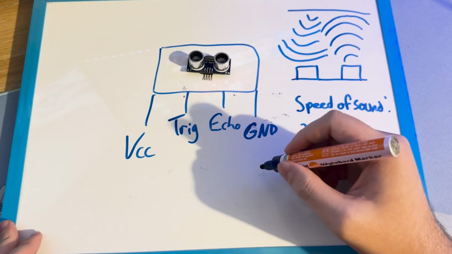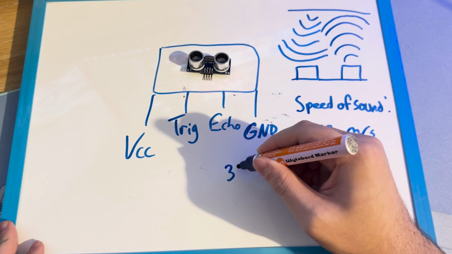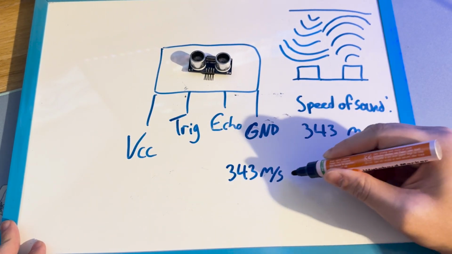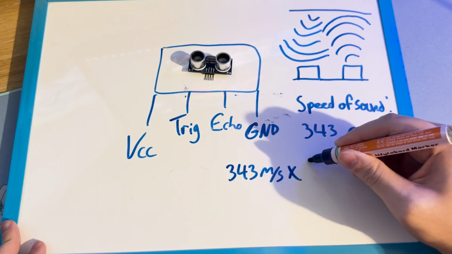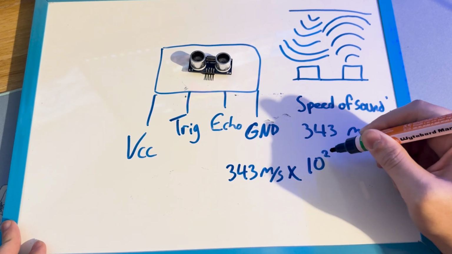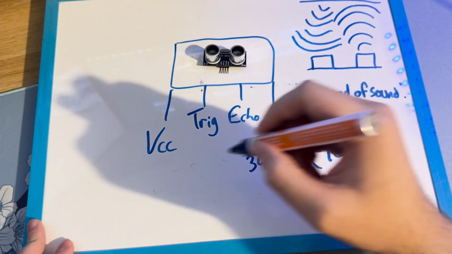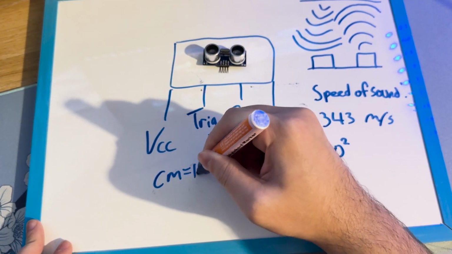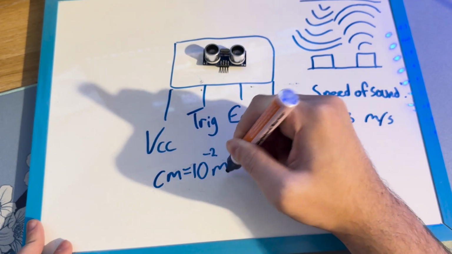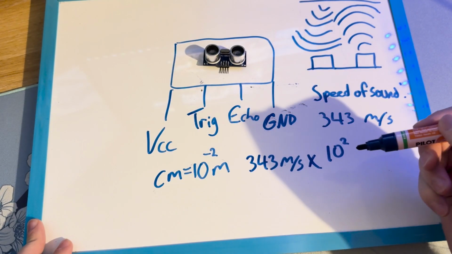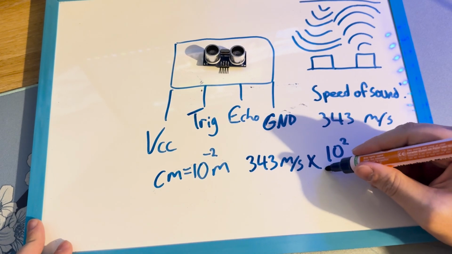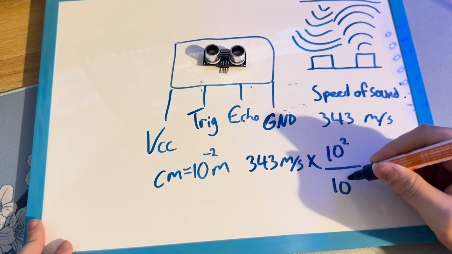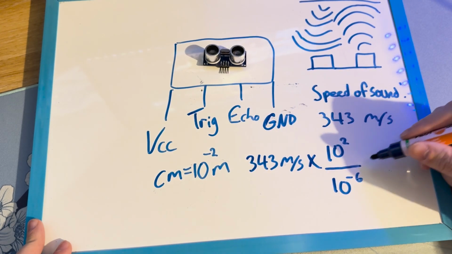Okay, so we take 343 meters per second, then we multiply that by 10 to the power of 2, because a centimeter is 10 to the minus 2 meters, so we want to do this the other way around. And then divide the bottom by 10 to the minus 6 to get microseconds.